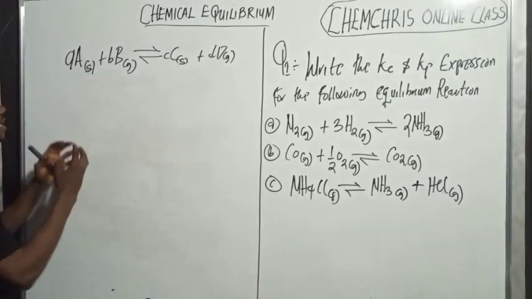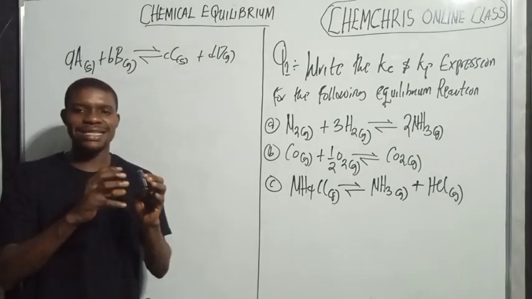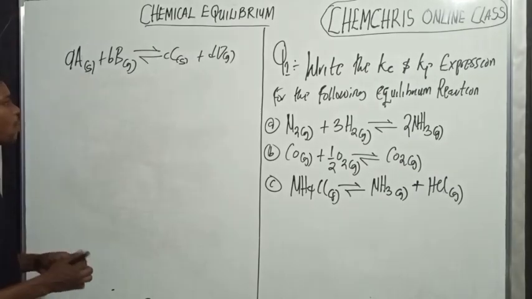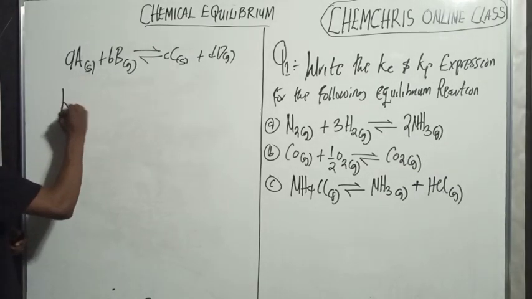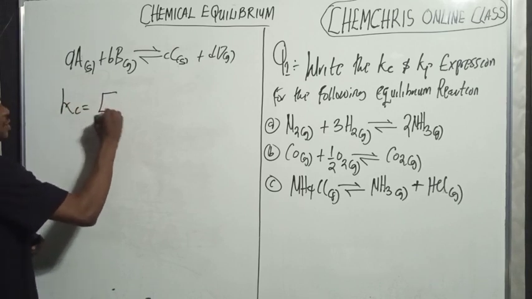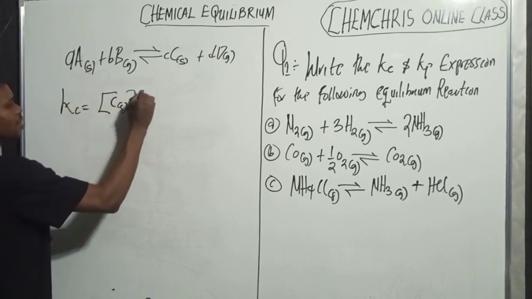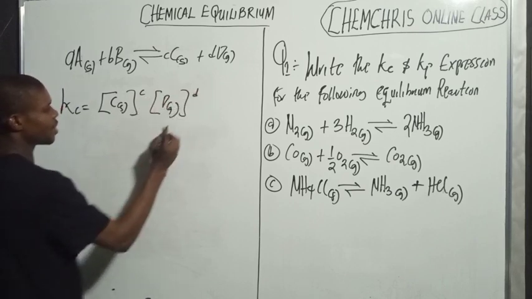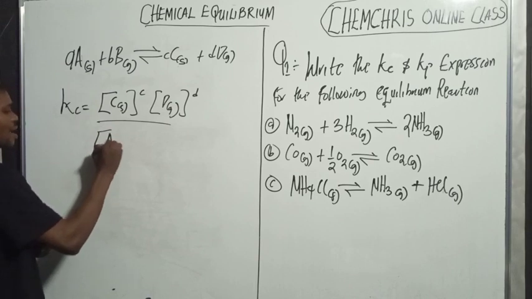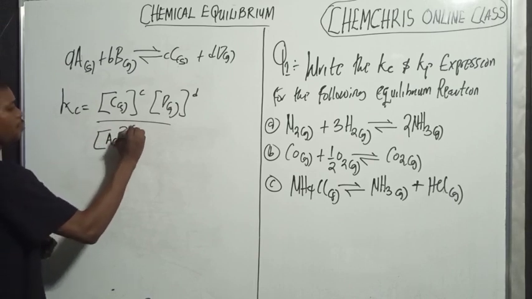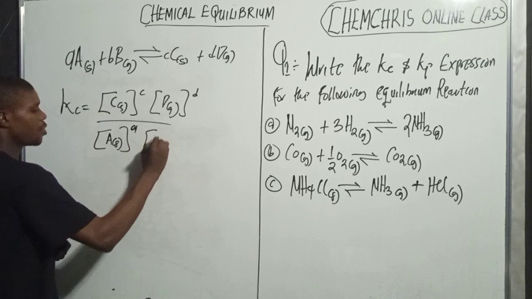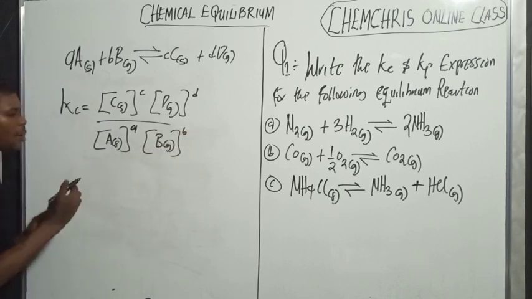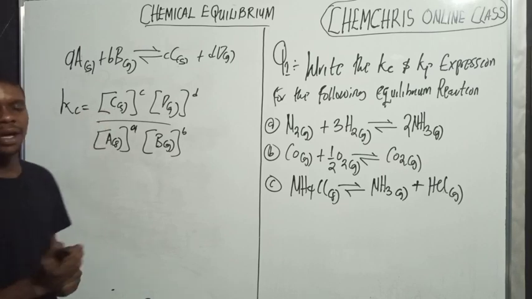So when you have something like this, it contains gas and solid. So let's write it the normal way. The normal way of writing it is Kc equals the concentration of C, here we have D gas, concentration of D, over the concentration of A solid, then B gas, concentration of B. Now, these two are solid.